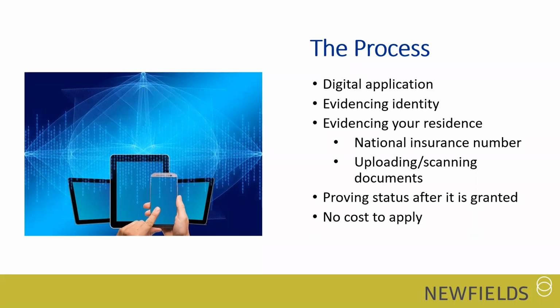You enter your national insurance number into the application form, and there is an automatic behind the scenes check once the application is submitted to identify people who have been through the national insurance system, so either working, or anybody who might have claimed any benefits or accessed services would be able to potentially evidence their identity and their residency via the national insurance number.